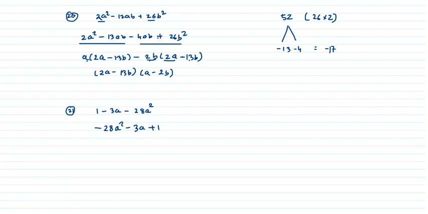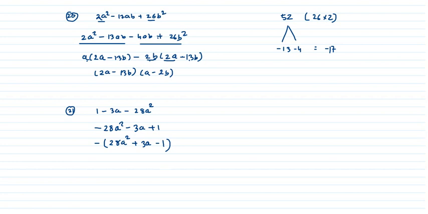Now what you have to do before that, you have to take out the minus sign as common. So you are left with 28a square. Minus is common, then all other signs will be reversed. So this minus will become plus 3a, and this plus 1 becomes minus 1. This is your question.